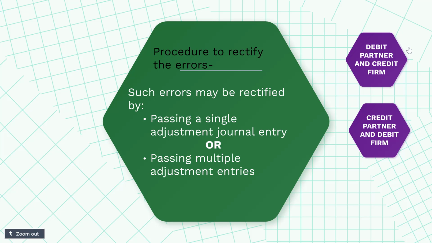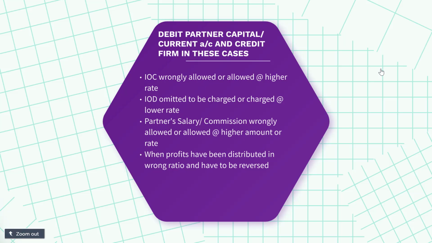We need to debit the partner's capital accounts and credit the firm in the following cases. I am repeating, we need to debit the partner's capital or current account and credit the firm in these cases where IOC has been wrongly allowed or allowed at a higher rate.